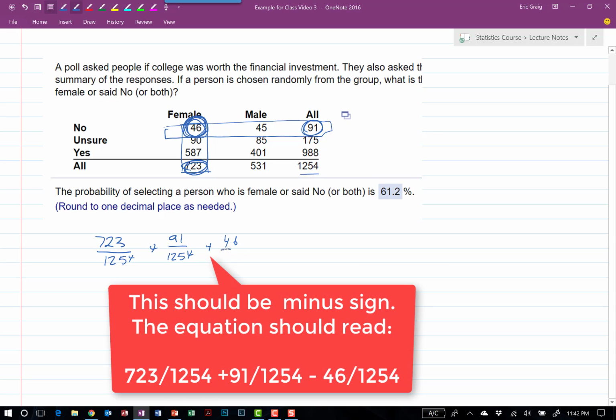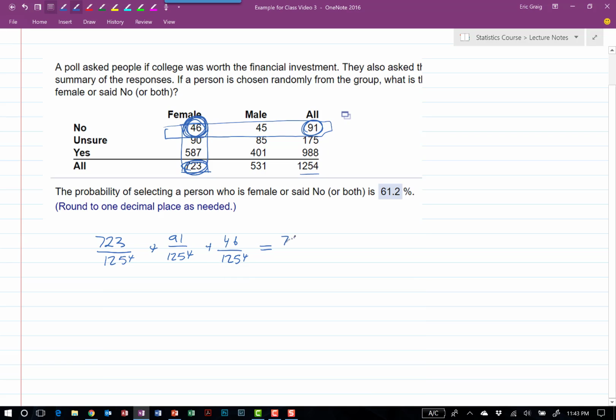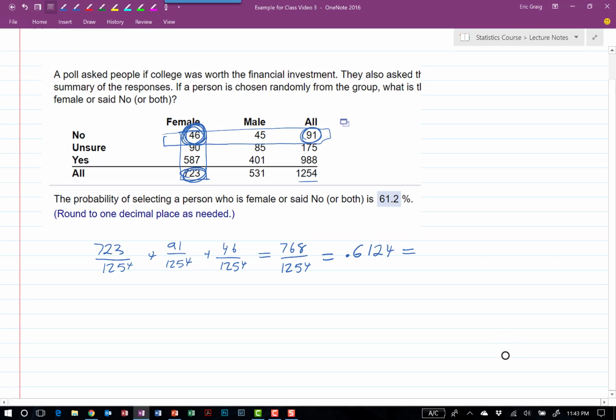So we'll do 768 over 1254, which gives us a probability of 0.6124, which we will then round, because the exam is picky about rounding, to 0.61.